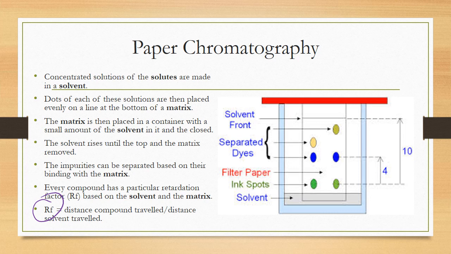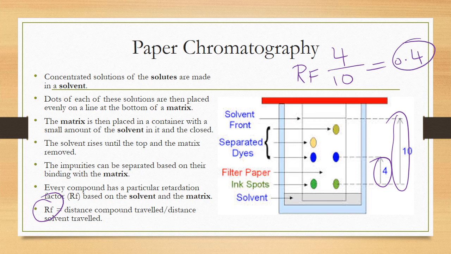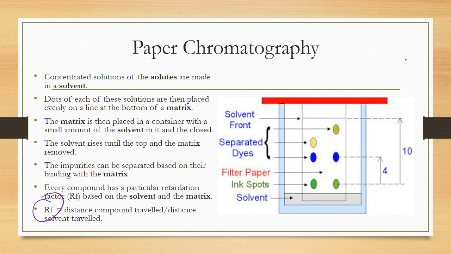For example, this one here has moved 4 centimeters, and the solvent has traveled 10, so its RF value will be 4 divided by 10, which equals 0.4 for that particular blue compound. That's known as a retardation factor, or an RF value, and it gives you an indication of what impurities and compounds are in your solution.